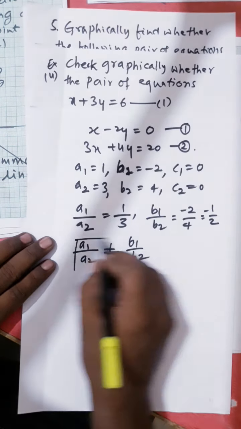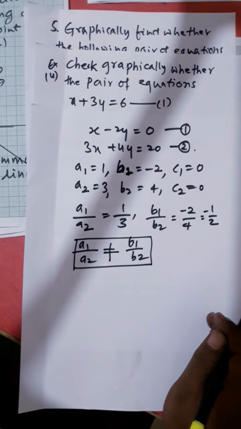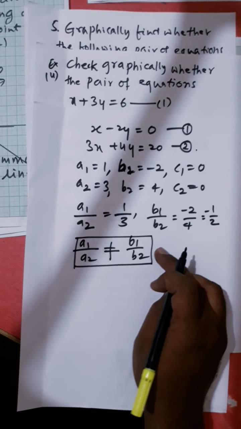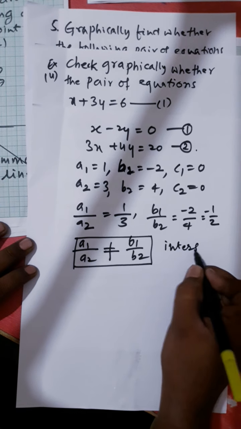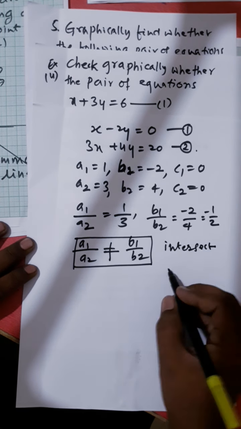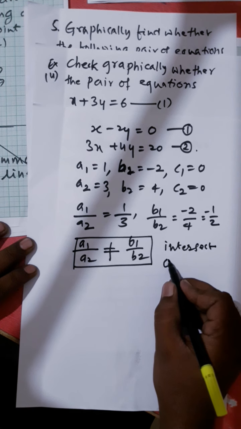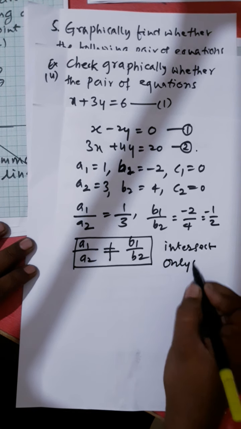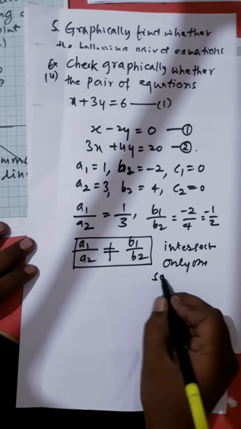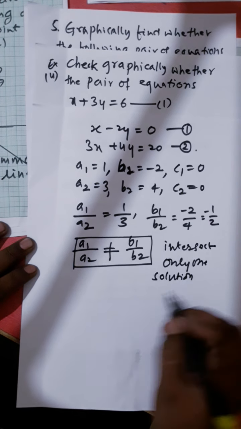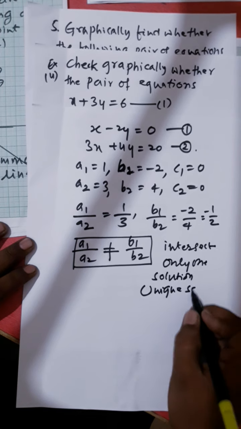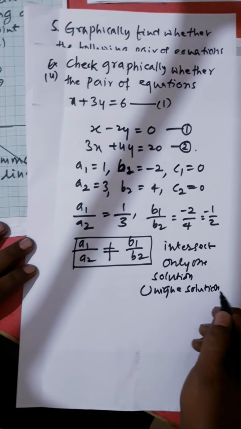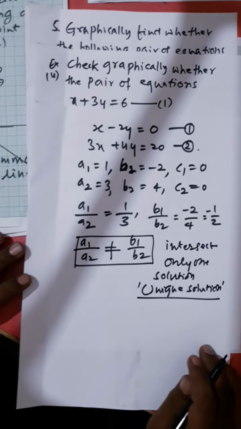If this condition is satisfied, then we say that these lines intersect each other, and they have only one solution. That we call a unique solution.